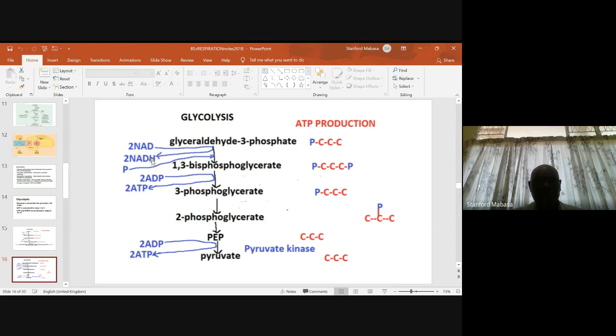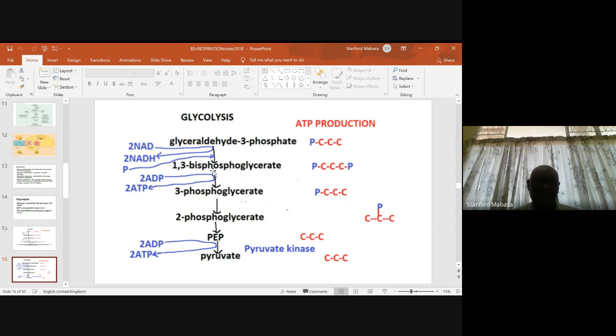It produces NADH when it changes from glyceraldehyde 3-phosphate to 1,3 bisphosphoglycerate, which has got phosphorus at both ends.